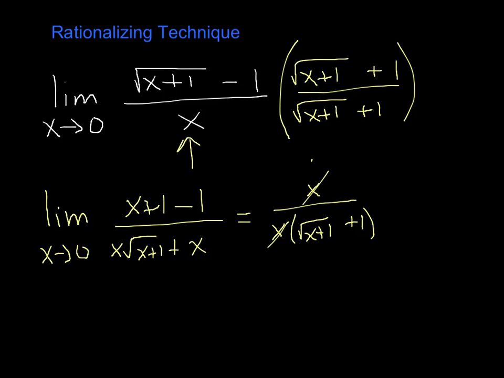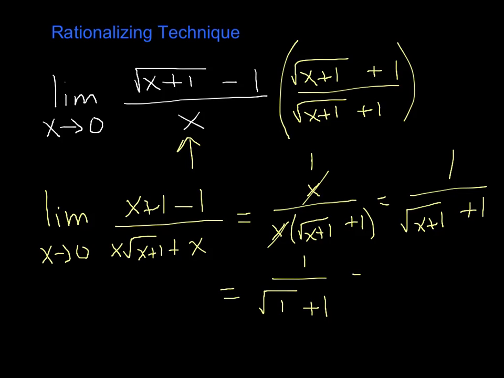Those x's will simplify, leaving me 1 divided by square root of x plus 1 plus 1. And when I evaluate that as x approaches 0, I'm going to have 1 over the square root of 1 plus 1, which is 1/2, simply by substituting 0 in for x, since that is a rational function.